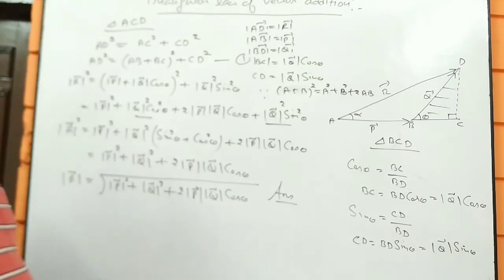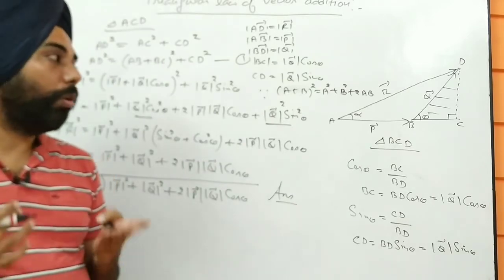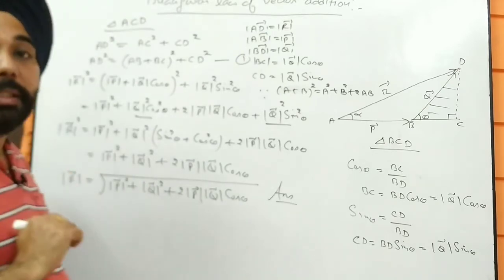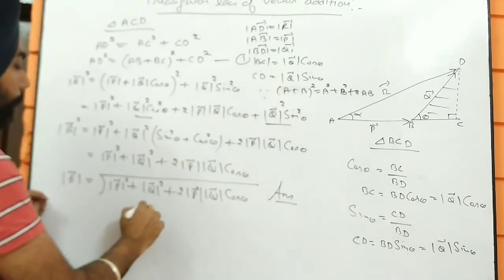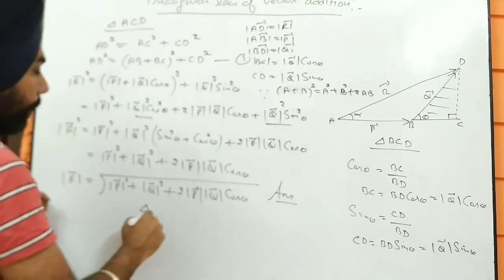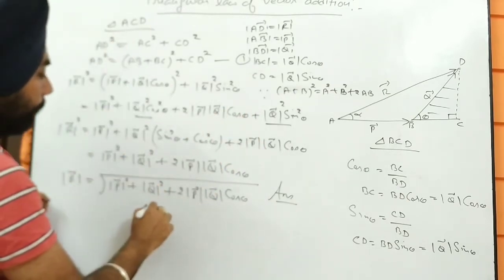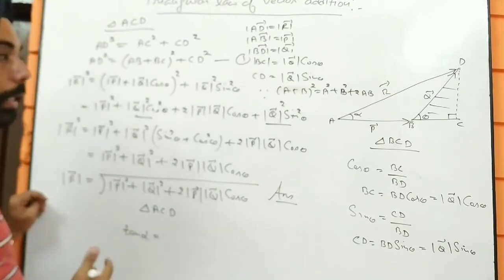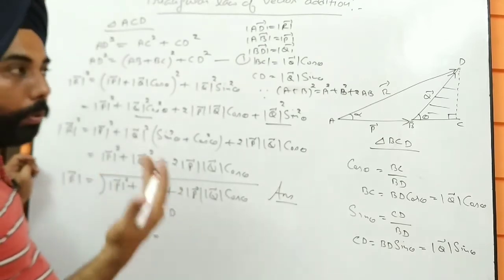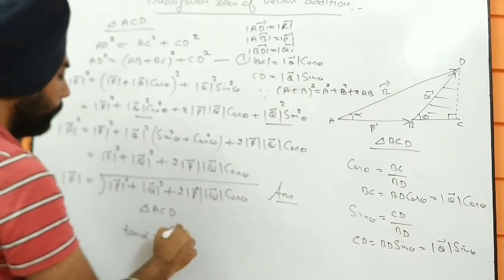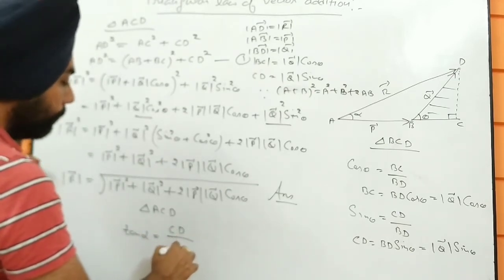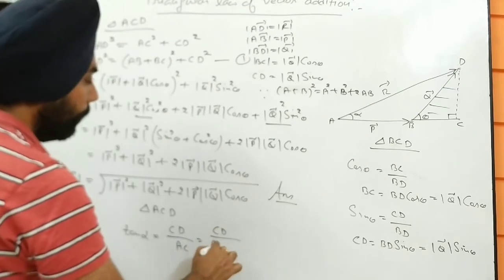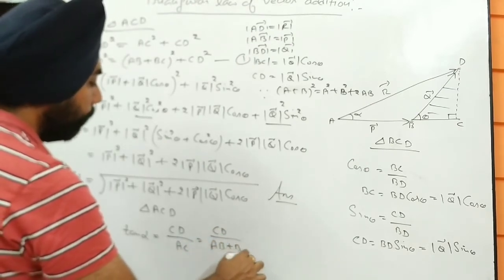But because we are dealing with vectors, we also have to clarify the direction. For direction we always use tan theta. So in the bigger right angle triangle, which is ACD, calculate the value of tan alpha. Now what is tan? Tan is perpendicular upon base. So which means CD upon AC, which can be written as CD upon AB plus BC.